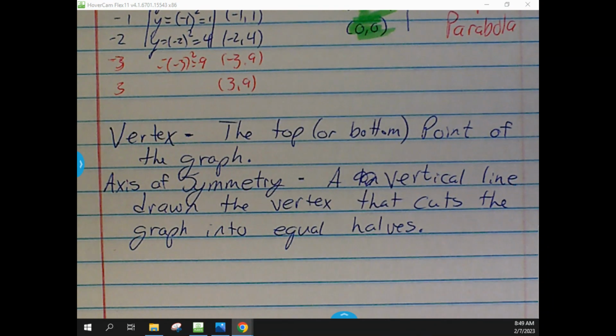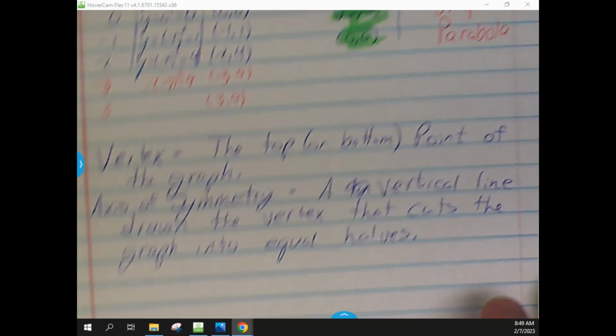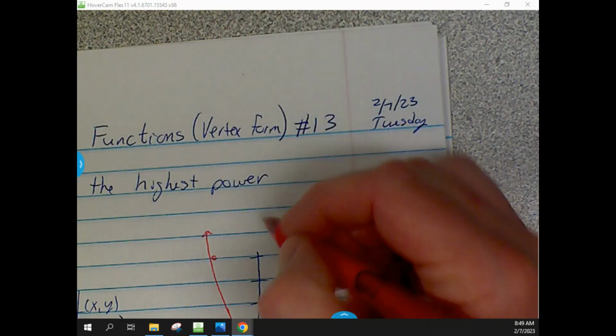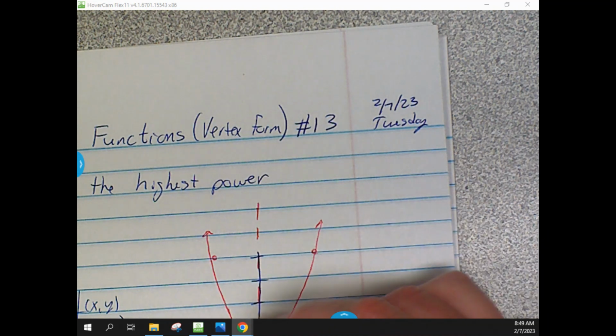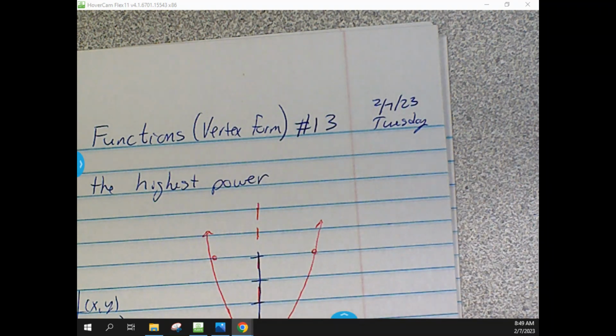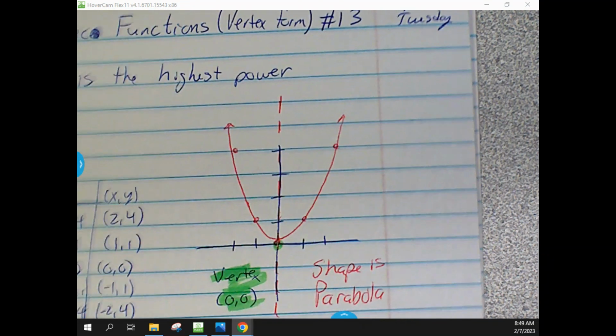Okay. And when you're graphing these on MyMathLab, sometimes they ask for the axis of symmetry, sometimes they don't. It just depends on which one they're going for. But if they ask you to draw a line of symmetry, most of the time all you're going to do is go back to your graph and draw a vertical line that's dashed that would go right through the middle of the vertex.